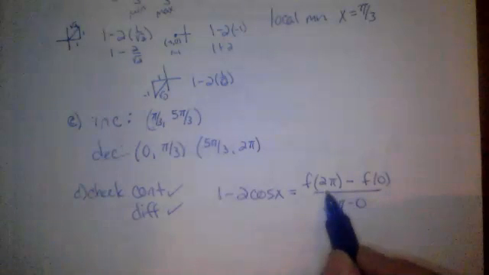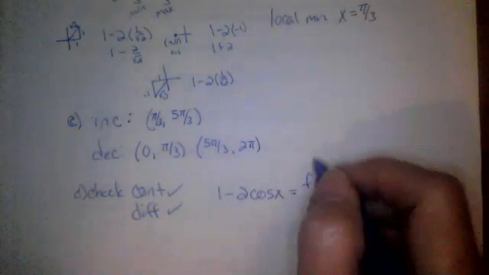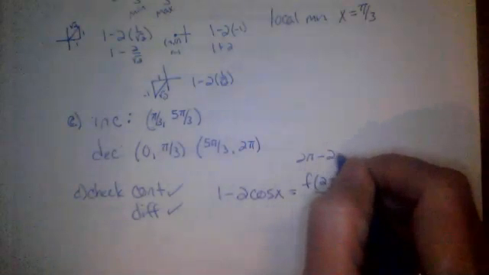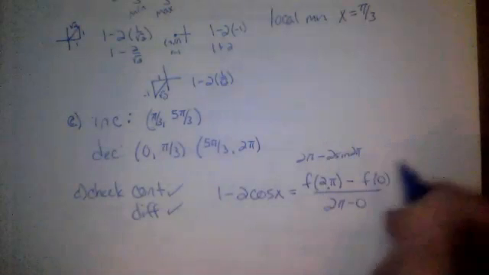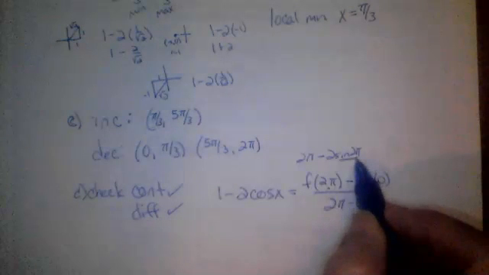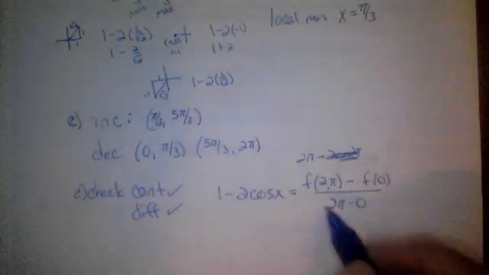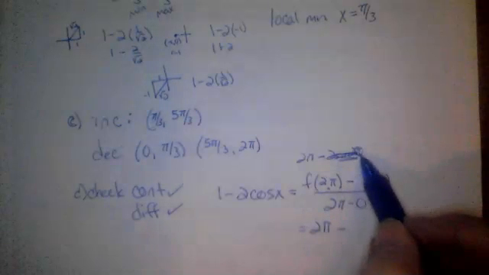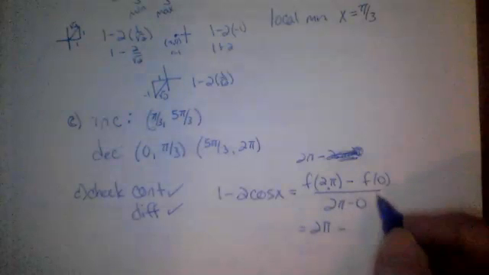So we're putting 2 pi back into the original problem now, so we're doing 2 pi minus 2 sine of 2 pi. Sine of 2 pi is 0, so I just end up with 2 pi minus f of 0. If I put 0 in there, that's also 0 and it's gone.